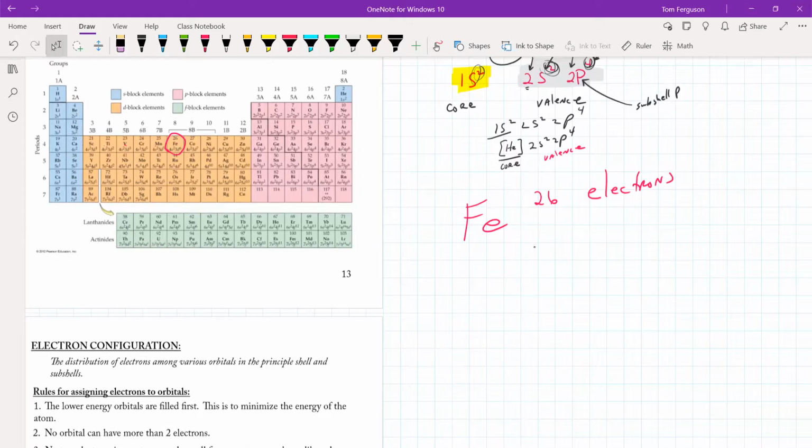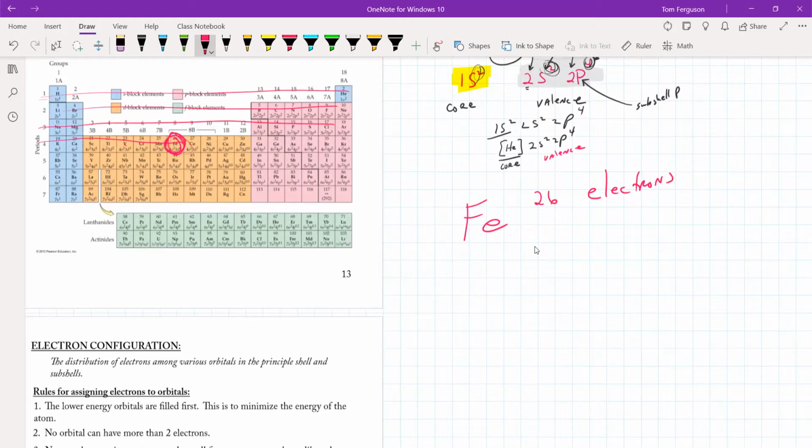Now notice iron is here. That means, like I was doing Friday, I'm going to make a travel trip through the periodic table. And as I go through getting to iron, I'm going to write down the electrons and the blocks they're in.